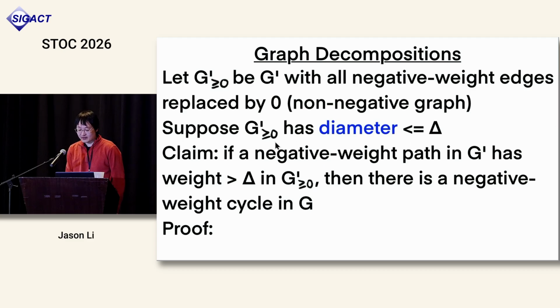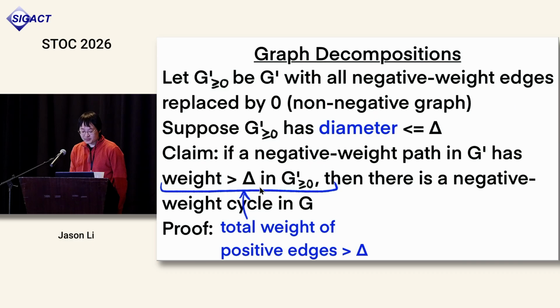Suppose that this new graph has low diameter. So in other words, the distance between all pairs of vertices is small. Then if a path has negative weight in the graph G prime, but has very large weight in this G prime at least 0 graph, then there must be a negative weight cycle. So in other words, we're preventing this structure from happening. Okay, so let's see why that's the case.